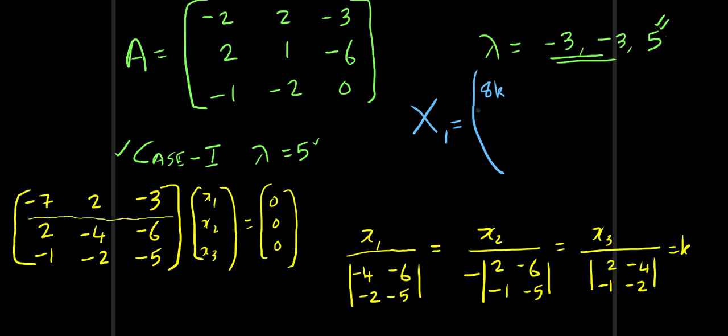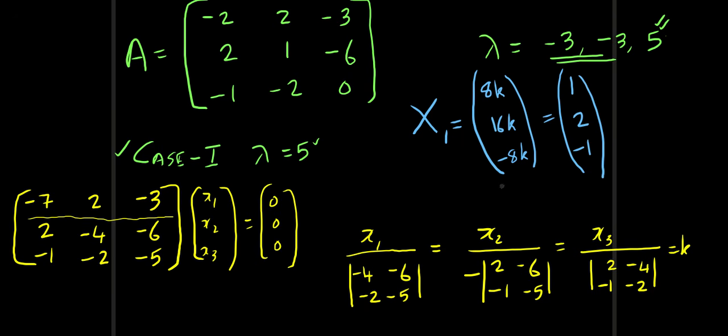Outside there is one more minus, so that gives me 16k. And the last one, that will be -4 and -4, so that is -8k, and that reduces to 1, 2, -1.